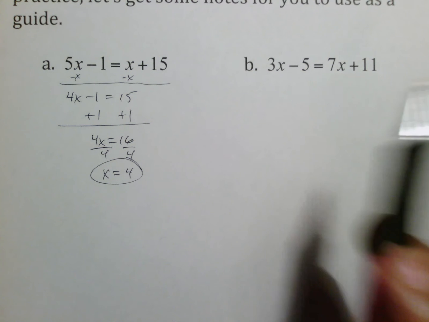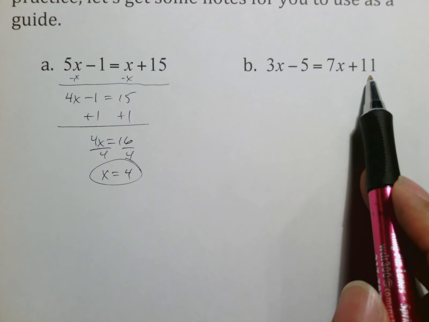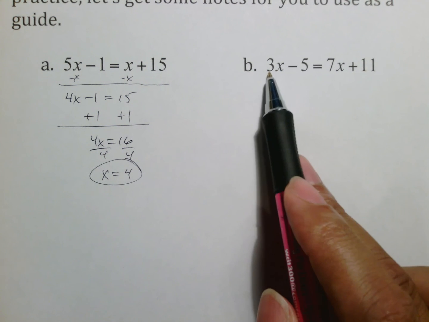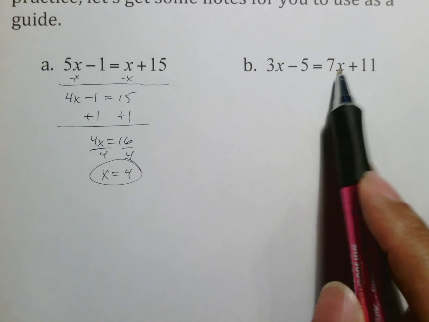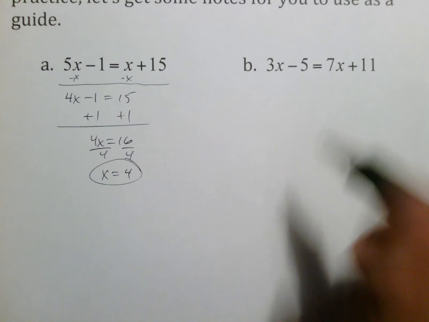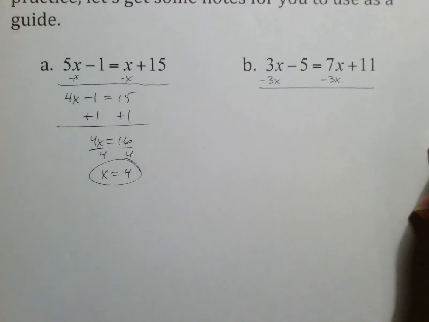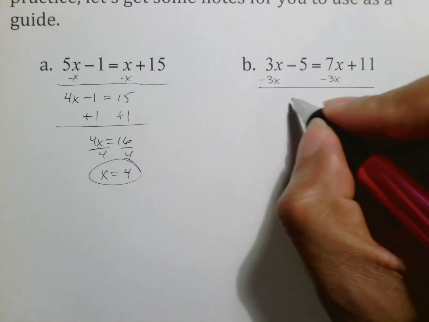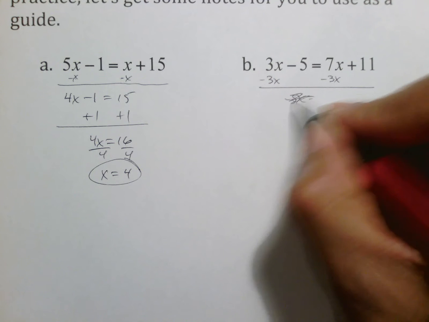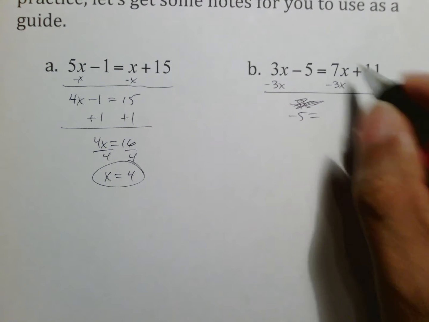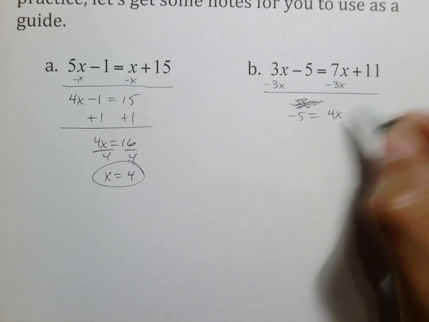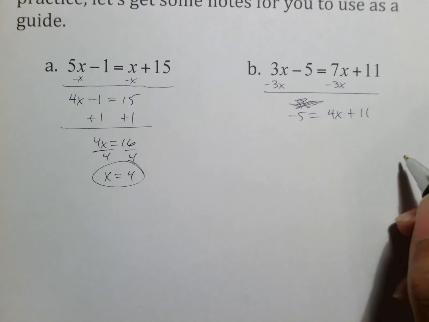So looking at example B, we have 3x minus 5 equals 7x plus 11. Again, you got 3x over here, a 7x over there. It makes more sense to move 3 people than 7 people. So we are going to move our 3x by subtracting 3x from both sides. Negative 5 comes down. 7x minus 3x is 4x plus 11.